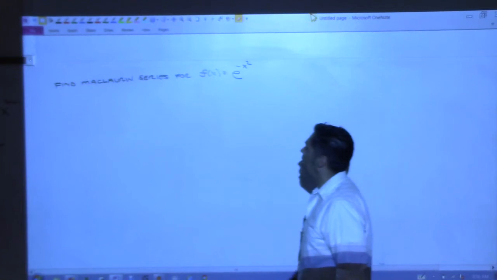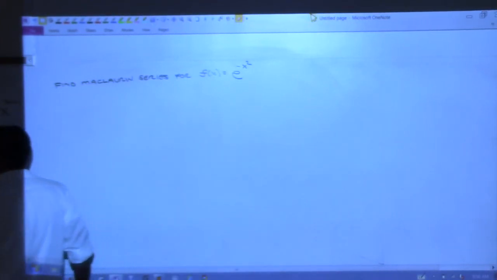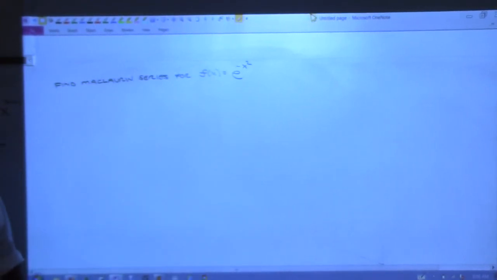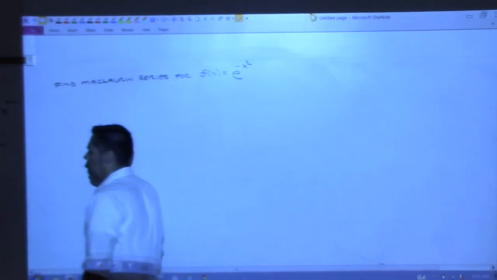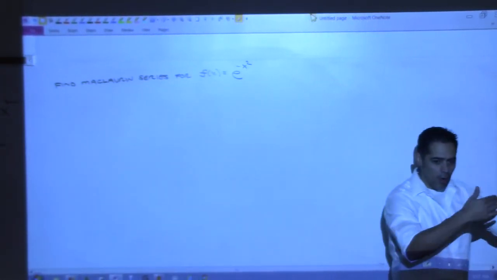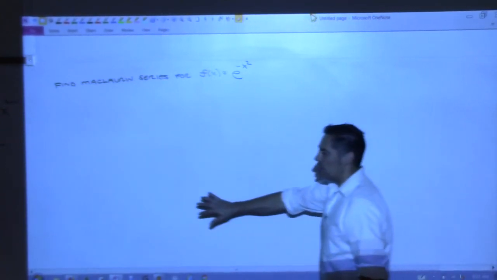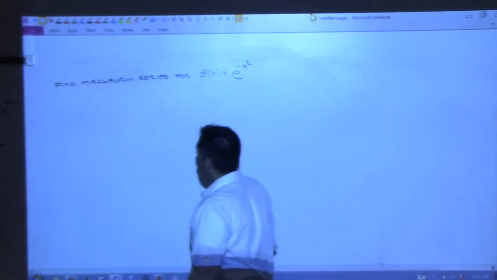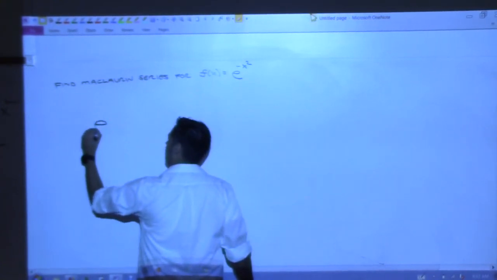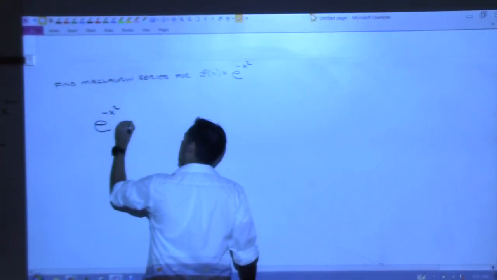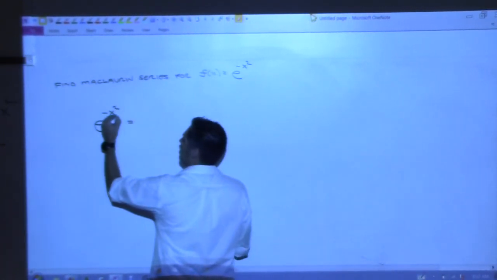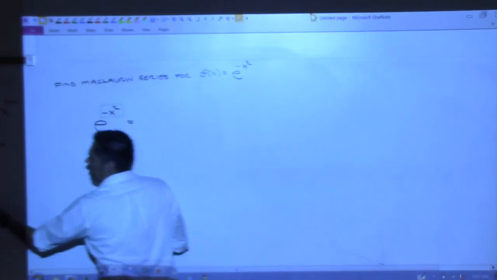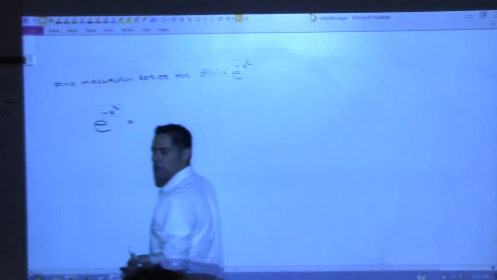All right, so this function right here, we never wrote down the Maclaurin series over here for e to the x, did we? Sum n equals 0 to infinity, 1 over n factorial x to the n. We just proved that a second ago by taking the derivatives. We said that this was a really clean formula, right? So if you ever want to write e to the negative x squared in its Maclaurin series, all you have to do is realize that this negative x squared here is the x in the formula.